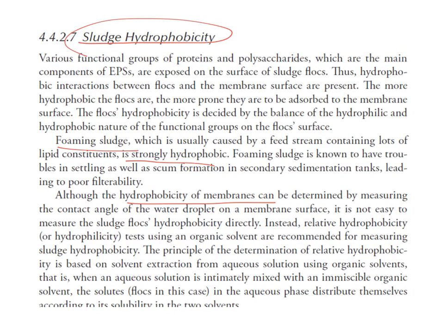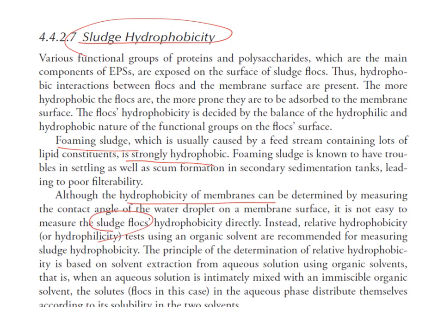Although the hydrophobicity of membranes can be determined by measuring the contact angle of a water droplet on the membrane surface, it is not easy to measure sludge floc hydrophobicity directly because we cannot actually measure the contact angle for the microbial floc.